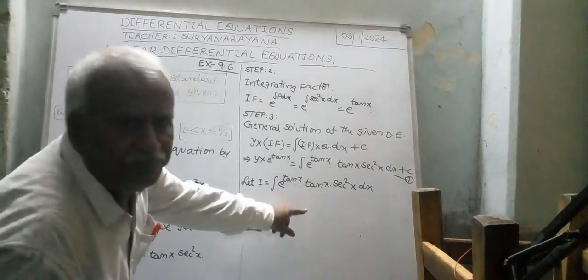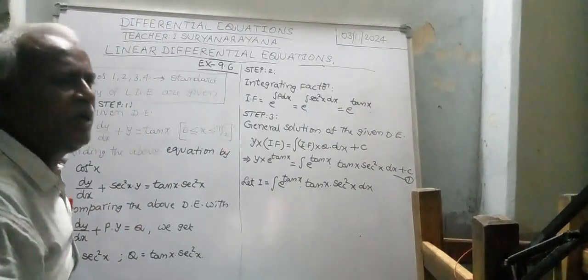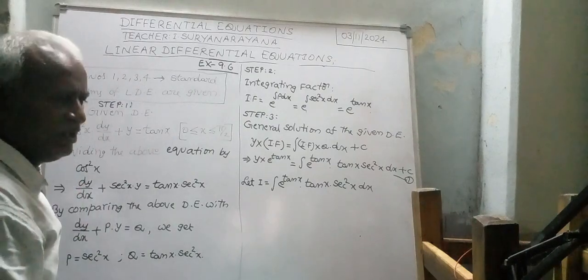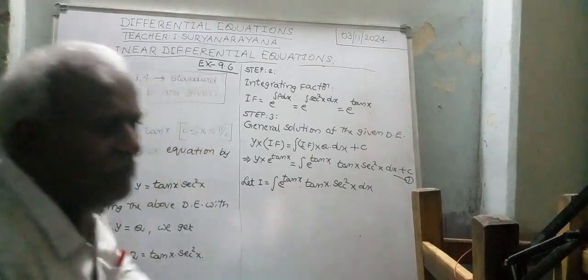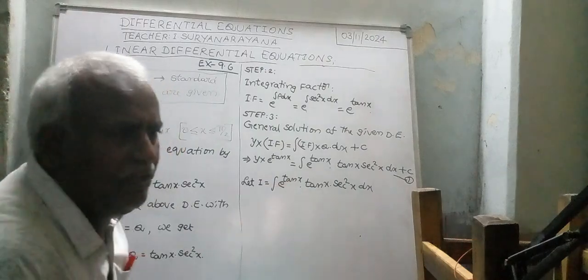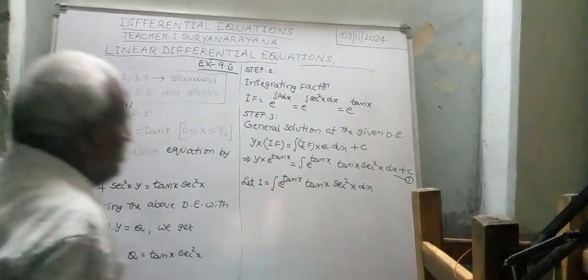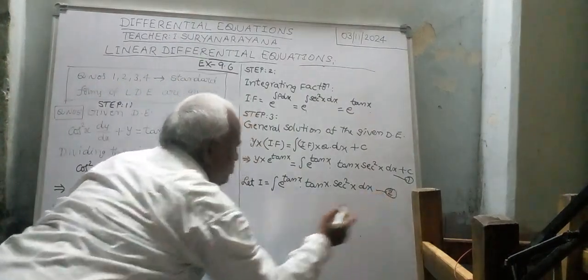We have to integrate this function using the integrating by parts method only. Moreover, we can use the substitution method also. Let us take tan x is equal to t. Let us assume this is equation 2.